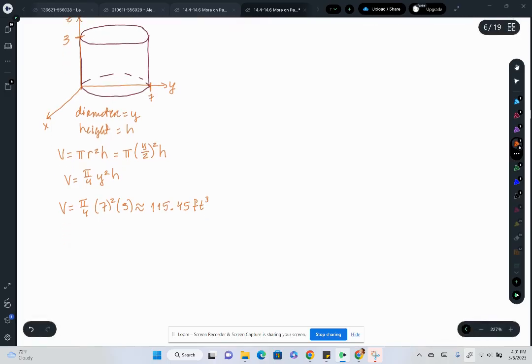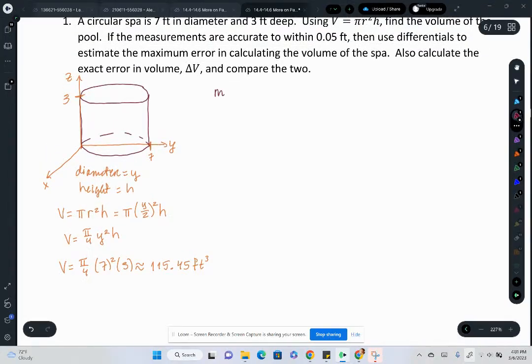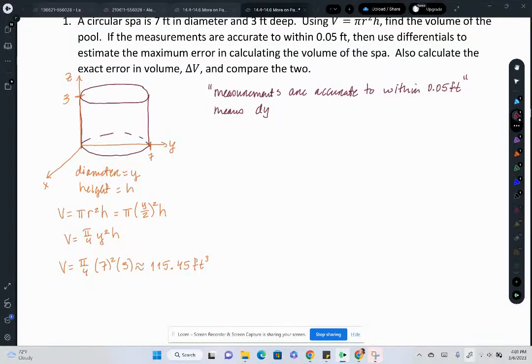Okay, now when they tell us that the measurements are accurate to within 0.05 feet, this whole statement just means that dy, the error in the measurement of diameter, is equal to 0.05 feet, and the error in the measurement dh of the height is equal to 0.05 feet.